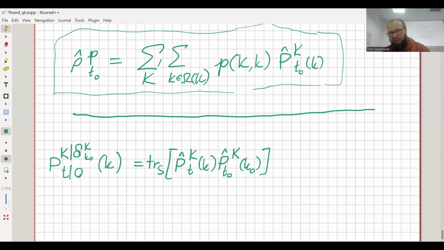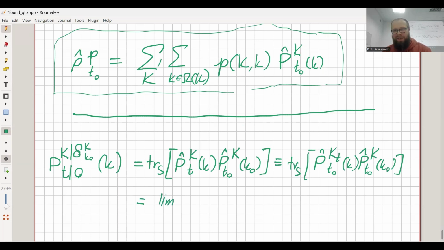But let me write it by definition. These are formal statements. I write something like this, a trick. I'm making a trick here. I'm just following my formal stuff I just developed. So I introduced a new projection operator, but we associated it with timing t0.